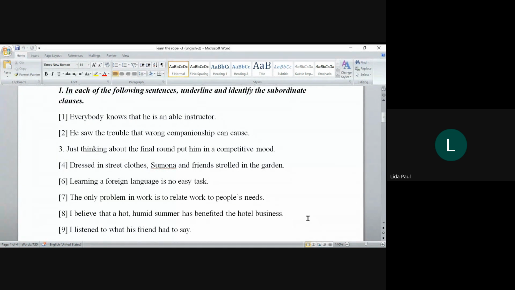Complex and compound is just a name given based on the structure of the sentences. If there is a combination of dependent and independent clause, you call it a complex sentence. If there's a combination of just independent clauses, then it becomes a compound sentence. If no combinations are available, then you call it a simple sentence. This is how it works. Any questions on that?